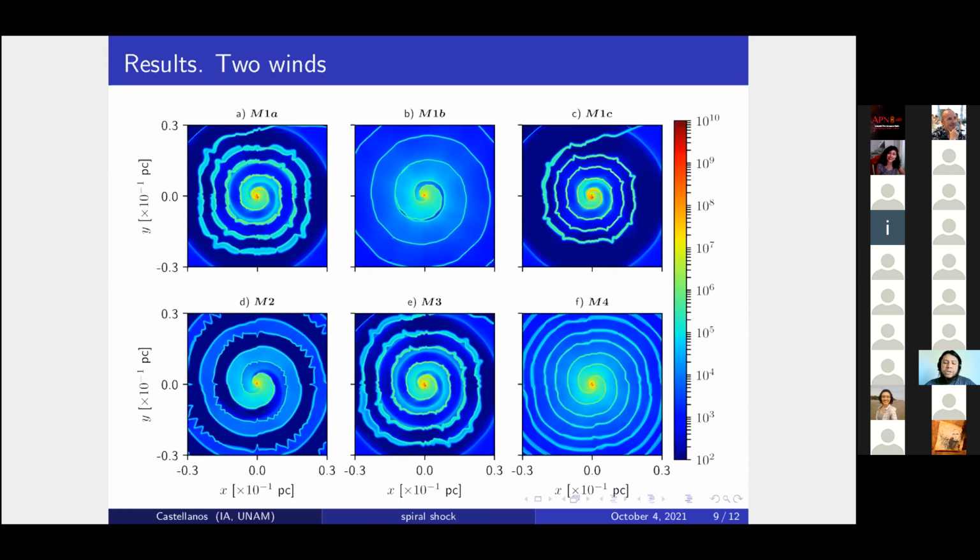These structures have been observed in some spiral patterns before. So we can see that these structures could be interpreted as evidence for the presence of two winds with a large wind velocity contrast.